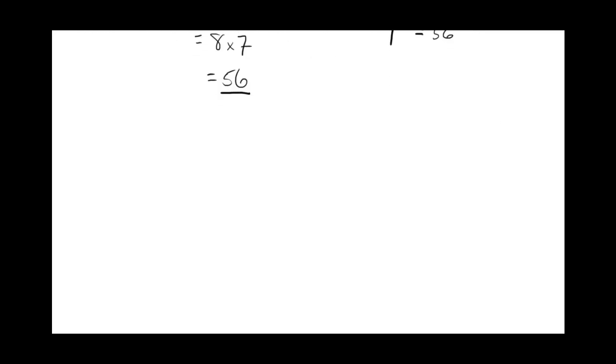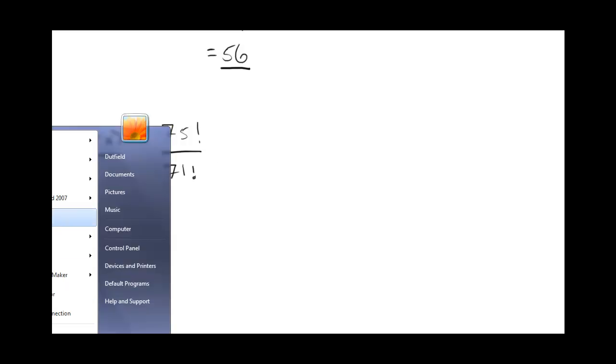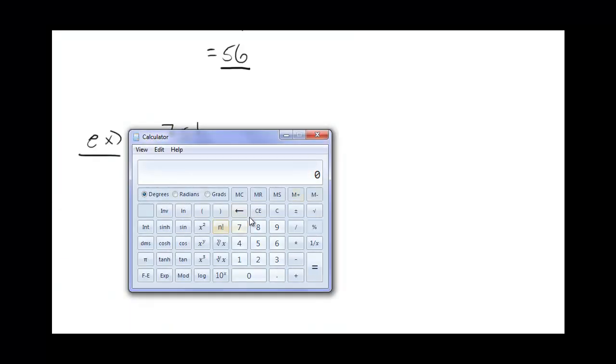Now you might be saying, that's complicated, I don't want to remember this, I'm just going to punch it in my calculator. I'm going to give you this example here. 75 factorial over 71 factorial. So what is 75 factorial? I'm not sure if my calculator will. So let's say I do 75 factorial.